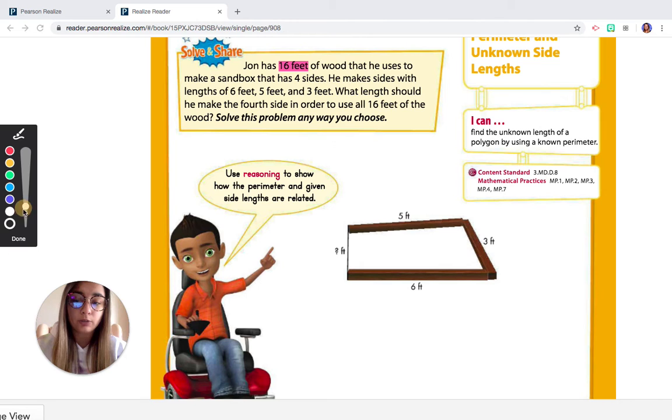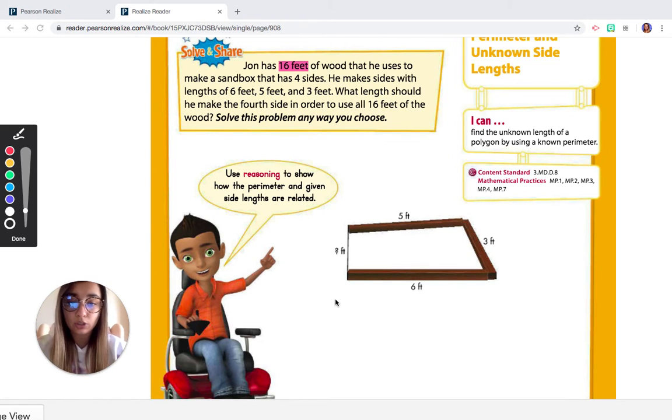I know that 5 plus 6 plus 3 equals 14. If you need to write that down or you can do it in your head, whatever is easier for you is fine with me. So again, 5 plus 6 is 11, plus 3 is 14. The next thing is very easy.